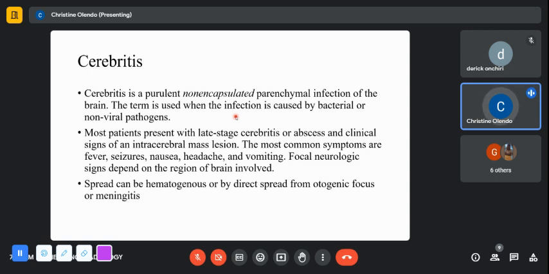The most common symptoms are fevers, seizure, nausea, headache, and vomiting, and focal neurological signs depending on the region of brain involvement. The spread can either be hematogenous or direct from an otogenic focus or meningitis.